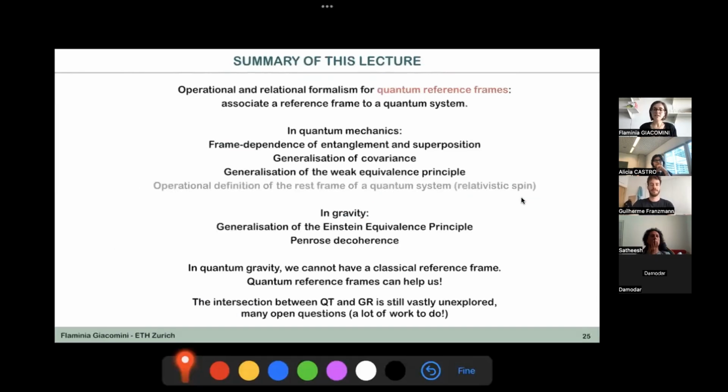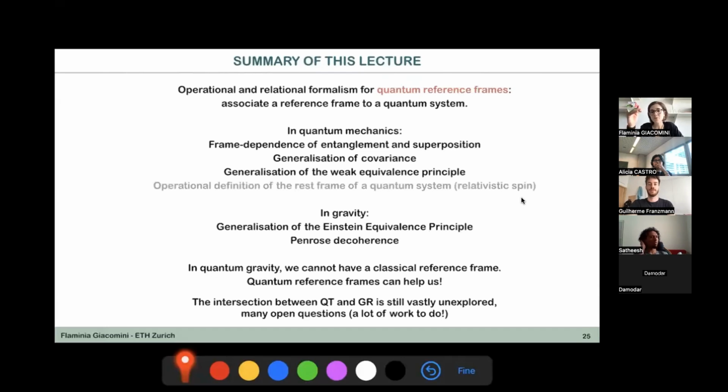So to summarize what I've said so far in this lecture, I have introduced an operational and relational formalism for quantum reference frames, which means that we want to associate a reference frame to a quantum system.